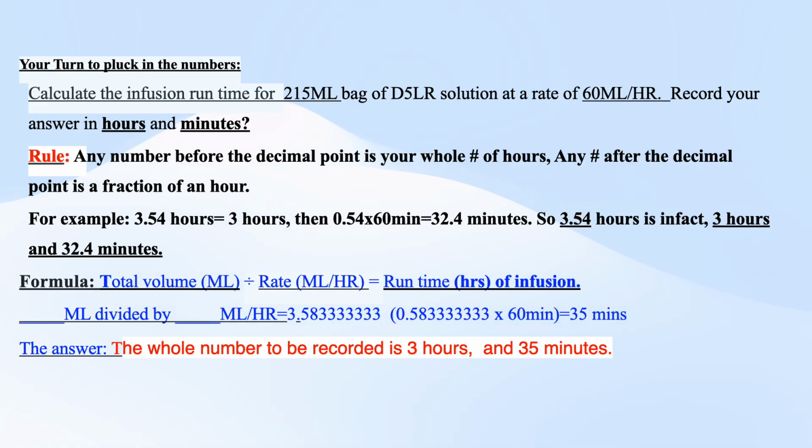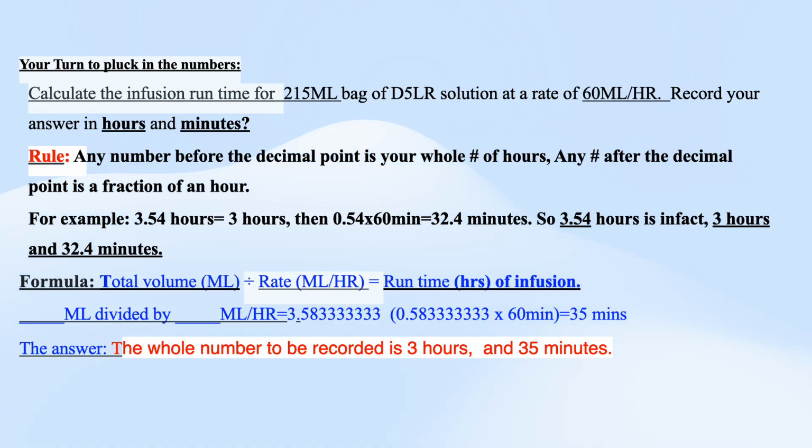Anything after the decimal point is only a fraction of a whole hour. A whole hour converts to 60 minutes. If you multiply this by 1, you're going to end up with the same number, so that wouldn't make sense. So take the remaining decimal number and multiply by the conversion of 1 hour, which is 60 minutes, so you can get the exact minutes of the hour.